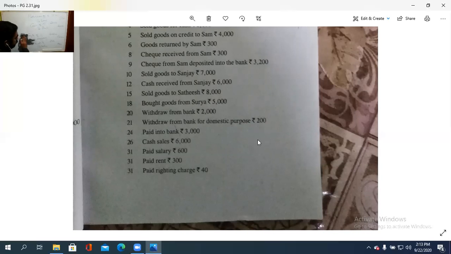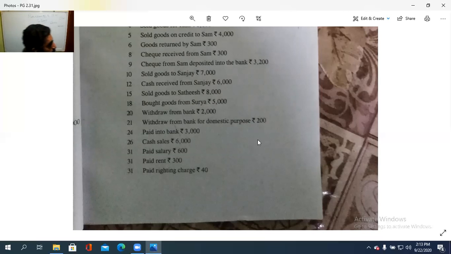Next, withdrew from bank for domestic purpose. Domestic is the same as personal, but it is from the bank. Withdrew from bank for personal purpose. For official purpose it is cash account debit to bank.